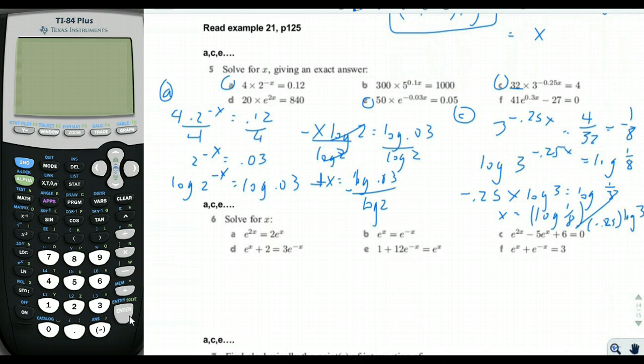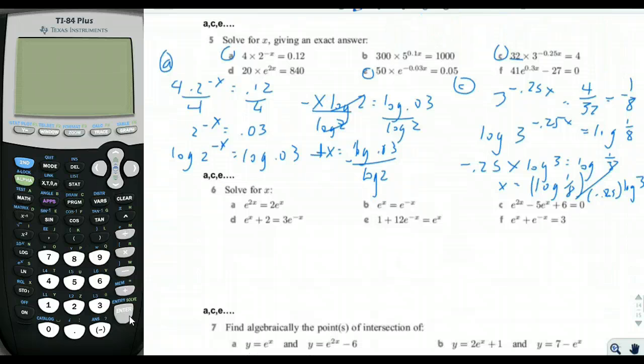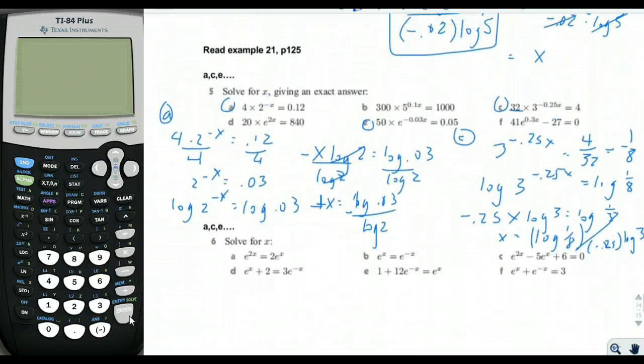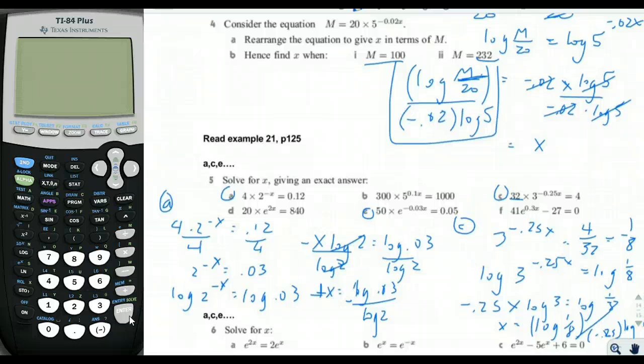Okay. We don't have room to do e here, do we? Here's some space. So 50 times e to the negative 0.03x is equal to 0.05.